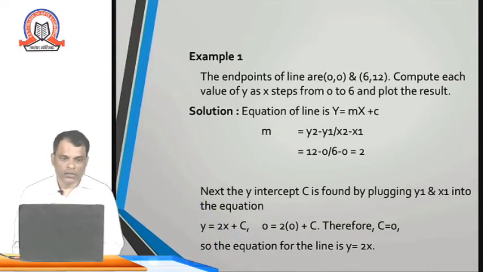We will start with the example over here. The endpoints of a line are 0, 0 and 6, 12. We have to compute each value of y for x steps from 0 to 6 and plot the result.